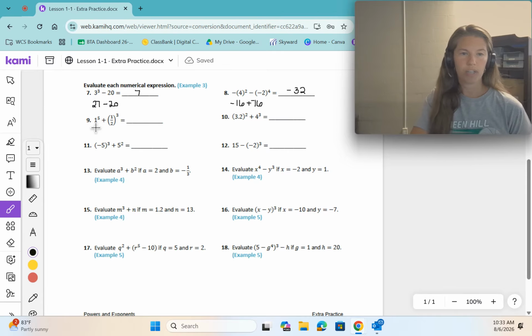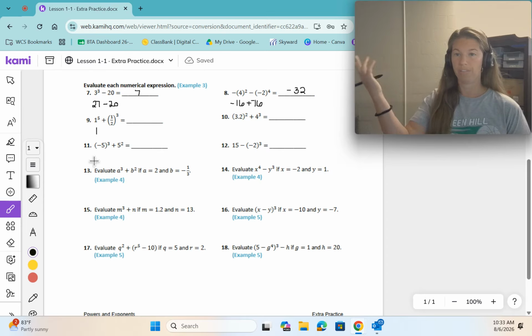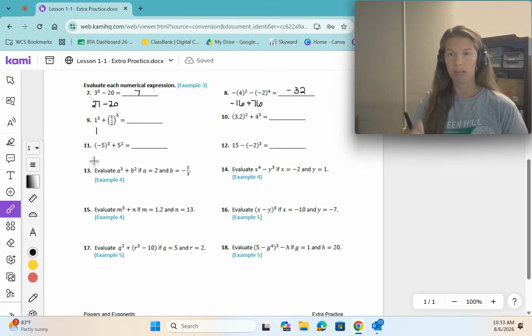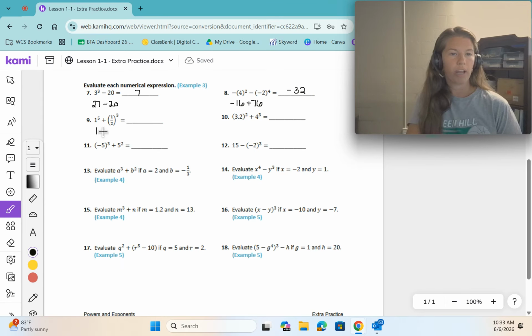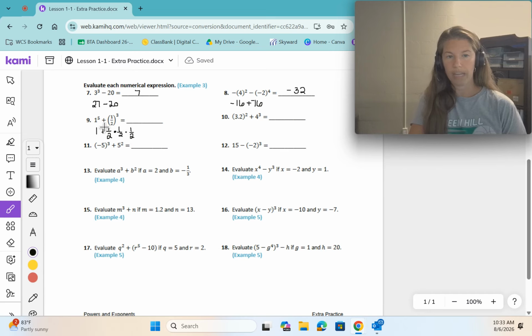Okay, then we're going to do this one. 1 to the 5th power is 1, because 1 to the power of anything multiplied by itself however many times, you're still getting 1. And then plus this 1/2 to the 3rd power. So 1/2 times 1/2 times 1/2 is what this wants you to do. You multiply across the top, you get 1.